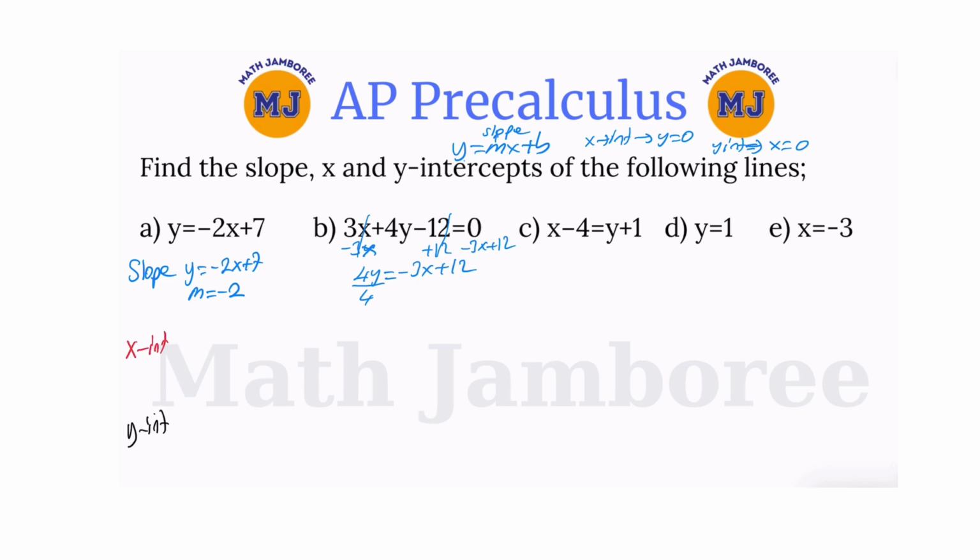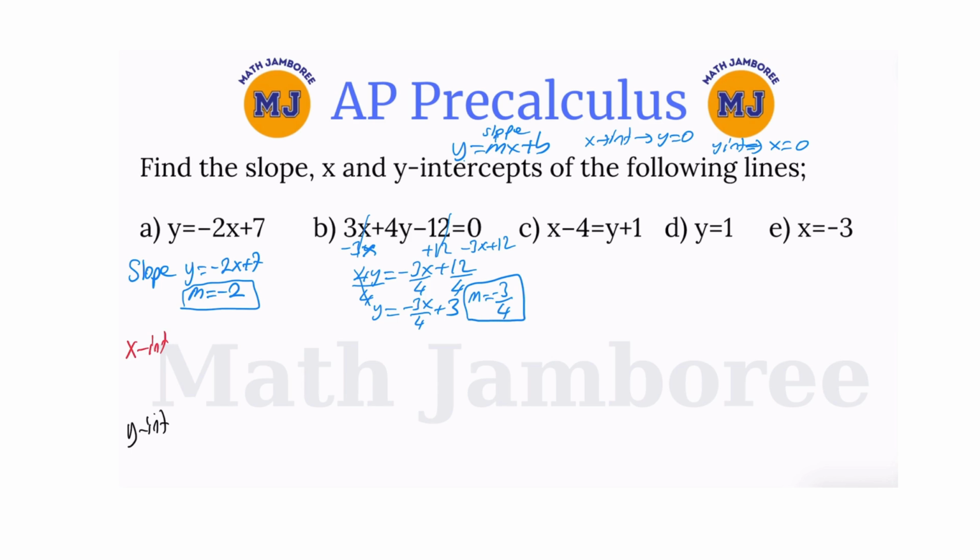And divide both sides by 4 now. And y will be equal to negative 3 over 4 x plus 3. So then the slope will be equal to the number in front of the x, which is negative 3 over 4.